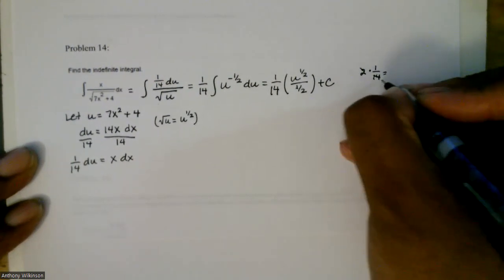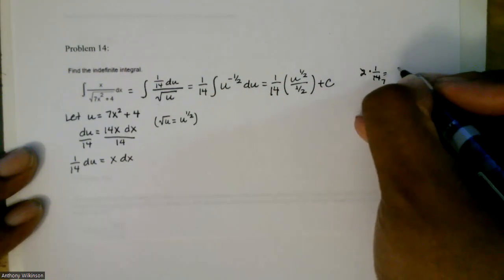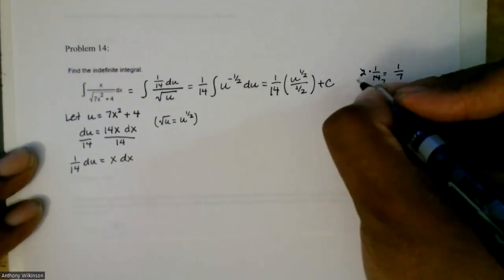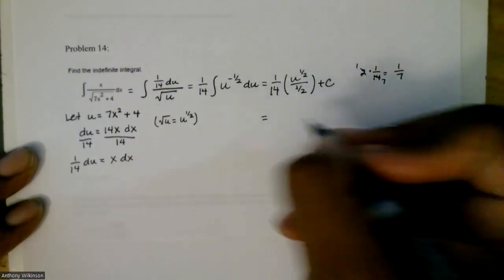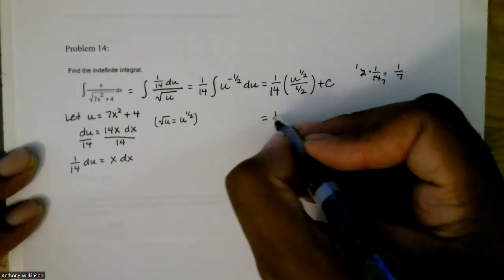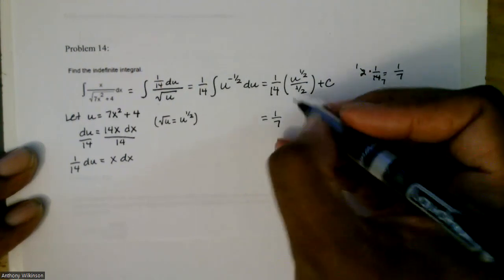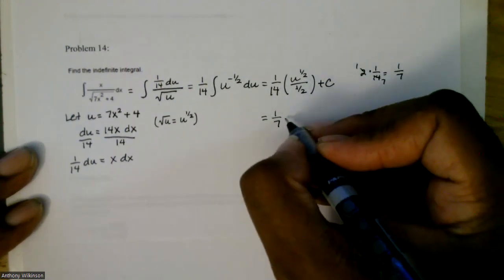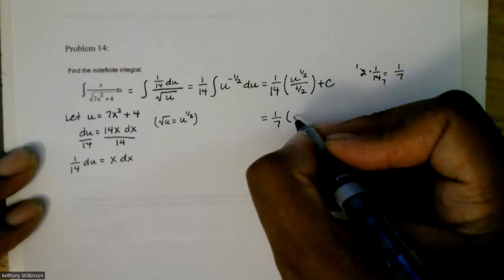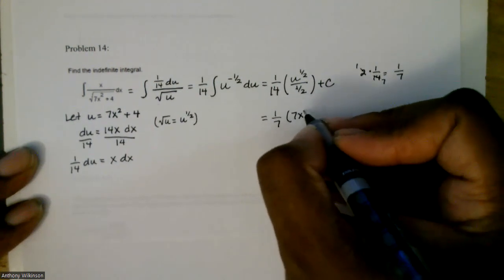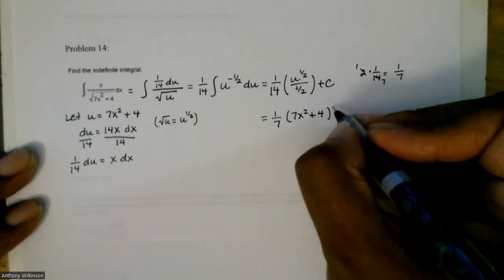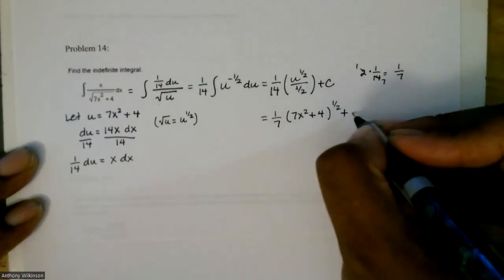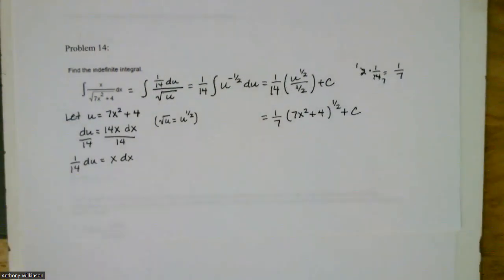And the 2 goes into 14 7 times. So it'll be 1/7. And 2 goes into itself 1 time. So I'll be left with 1/7 times u, in this case, that 7x squared plus 4, raised to the 1/2 power, plus c.